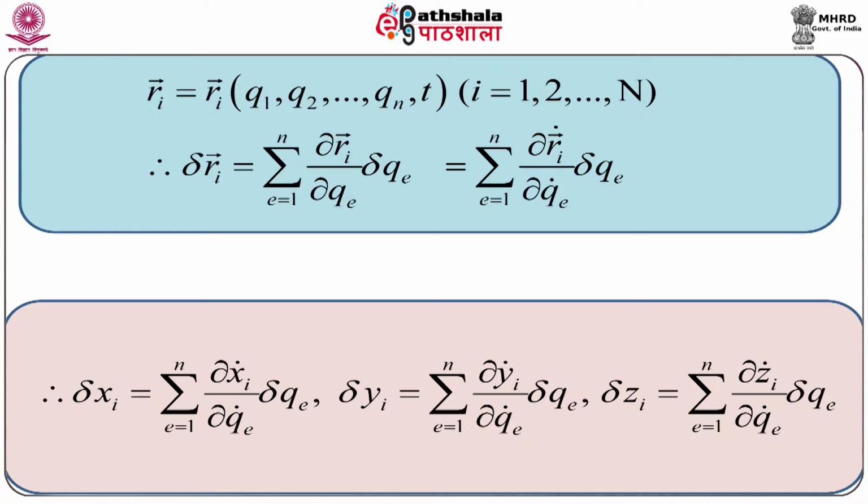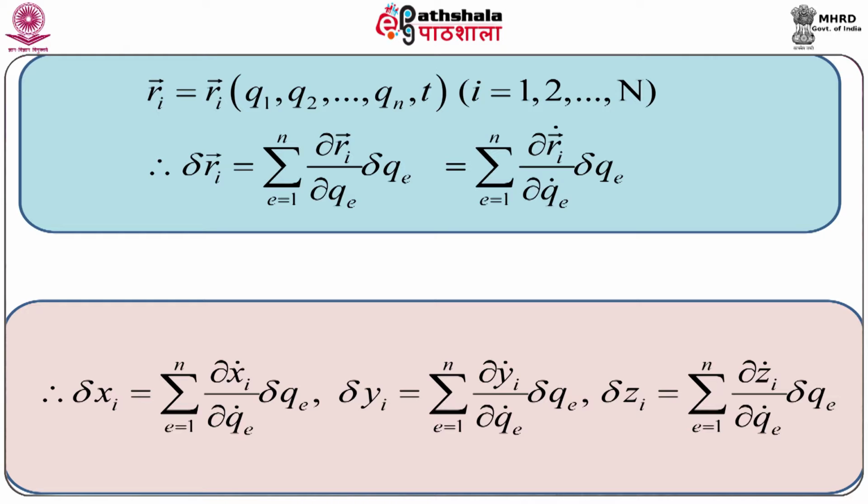This can be written as summation over k del Ri vector dot del qk dot into delta qk. We have already obtained the result del del qk of Ri vector equal to del del qk dot operated on Ri vector dot. In previous module, we have used that result here.